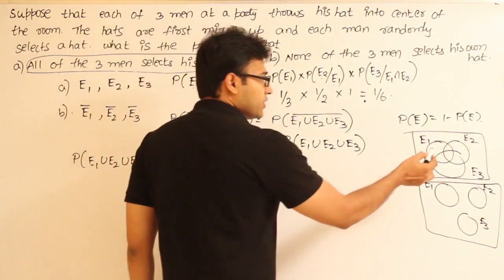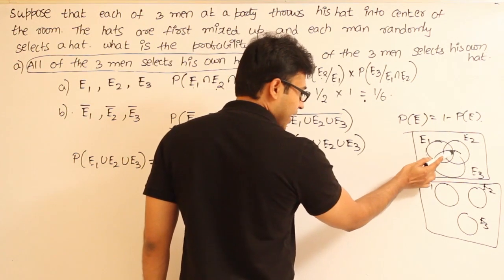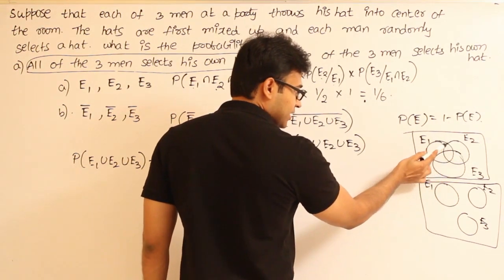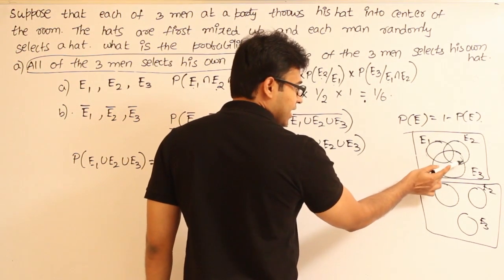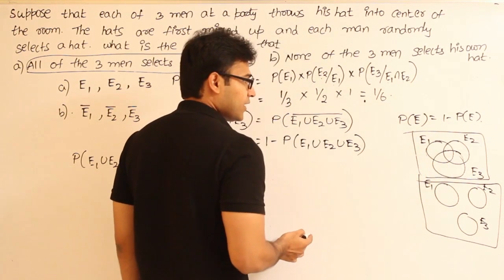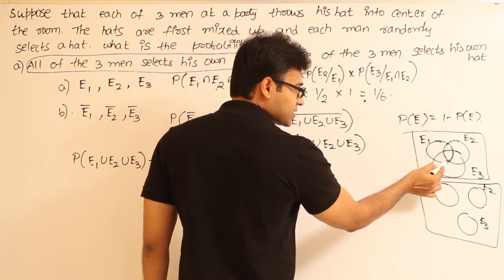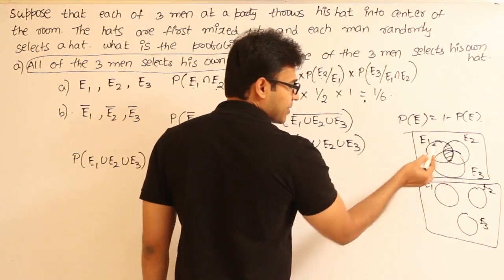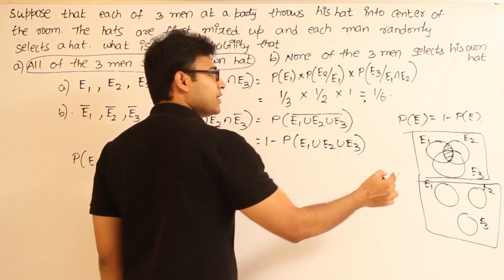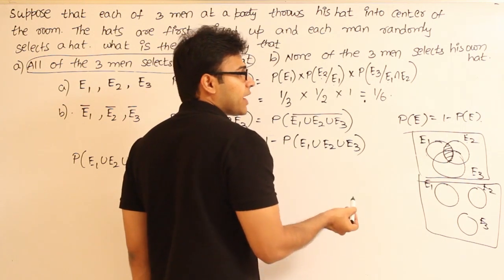See, now if E1 represents the event that person number 1 selects his own hat, and E2 represents the event that person number 2 selects his own hat, and E3 represents the event that person number 3 picks up his own hat, then what does this part represent? This particular part represents the probability that both E1 and E2 will pick up their own hats.